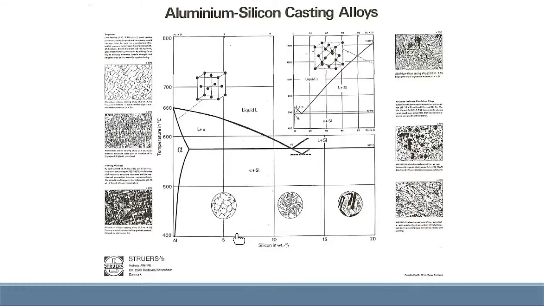Some of them become even more complicated than what you see here on the screen, but at least up to 20 weight percent silicon, you can see that, well, let me zoom in here real quick.